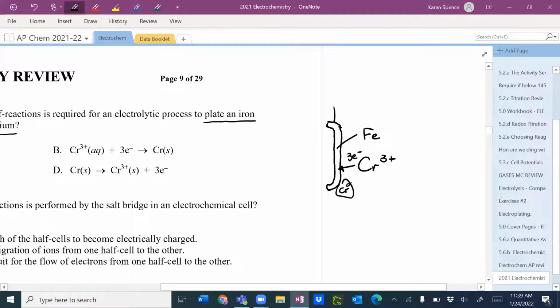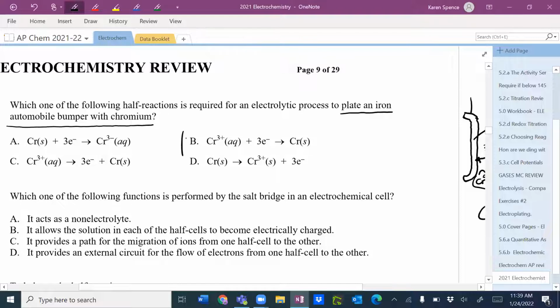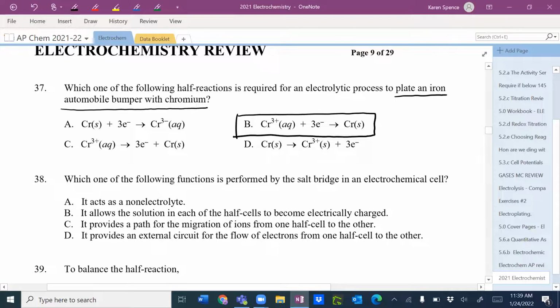So if we're plating it on, we need chromium 3+ to gain 3 electrons and become chromium solid, so that the thing is now plated with solid chromium. So that's going to be this one here. Okay. That was 37.